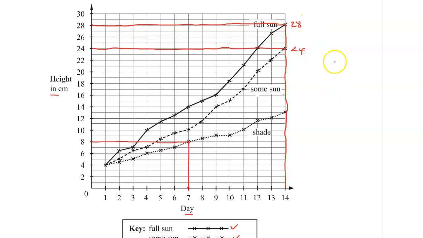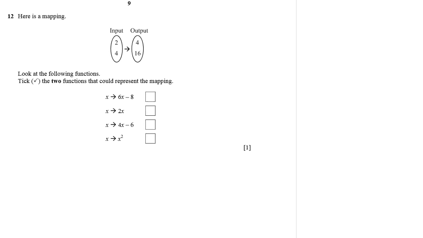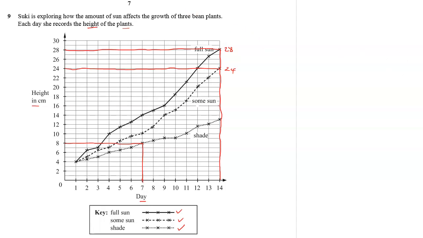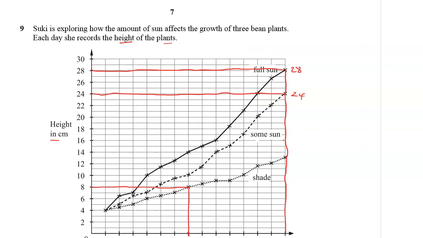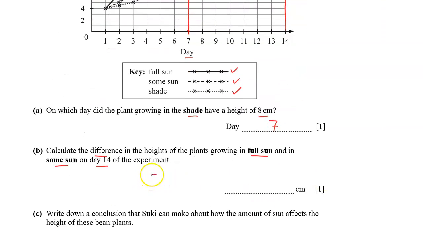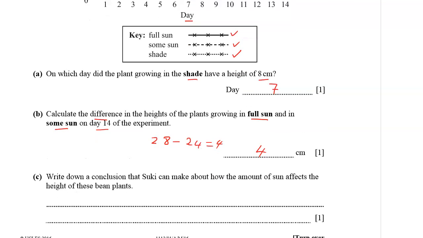So the difference of 28 and 24. So the height in full sun was 28 on day 14, minus the height in some sun on day 14, which was 24. The difference is 4. So 4 centimeters, that is the difference.